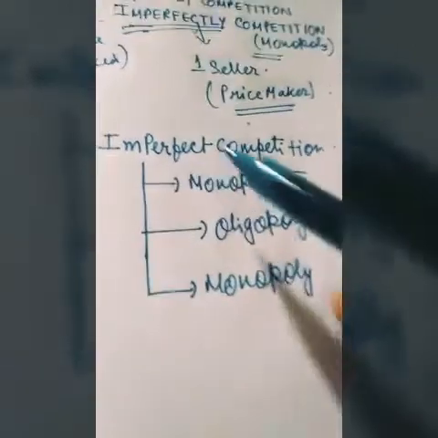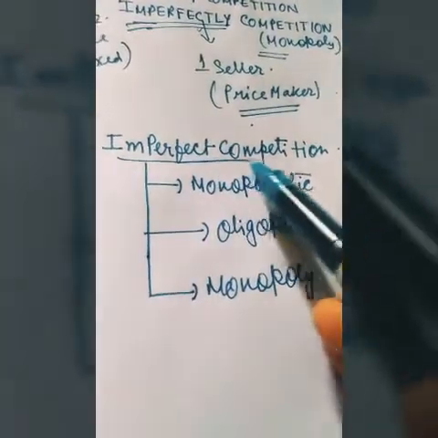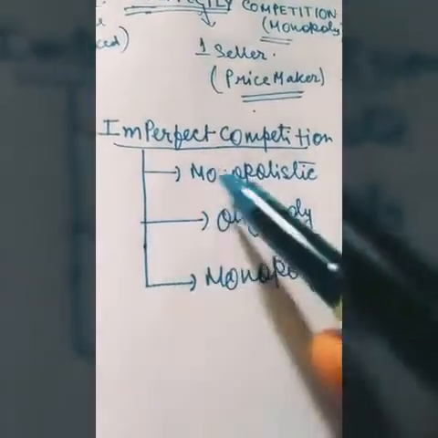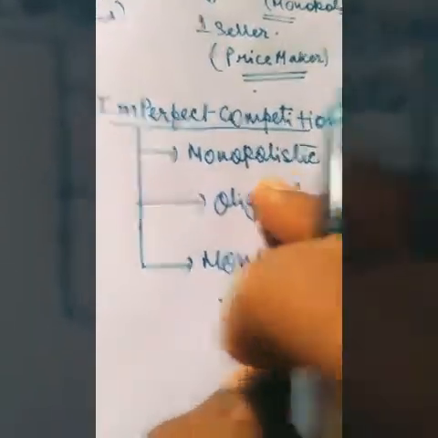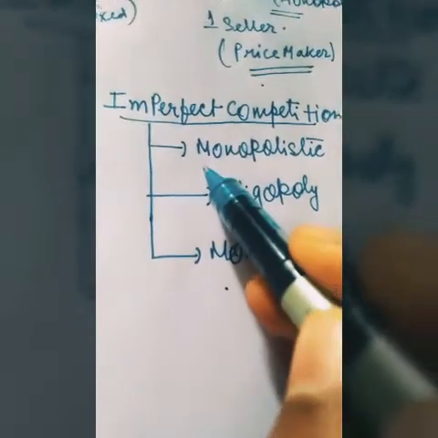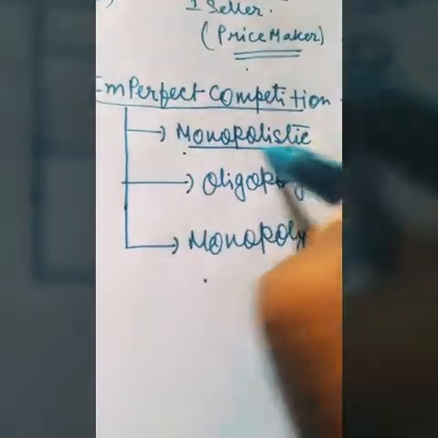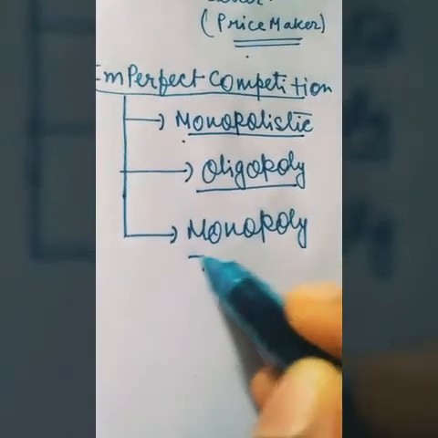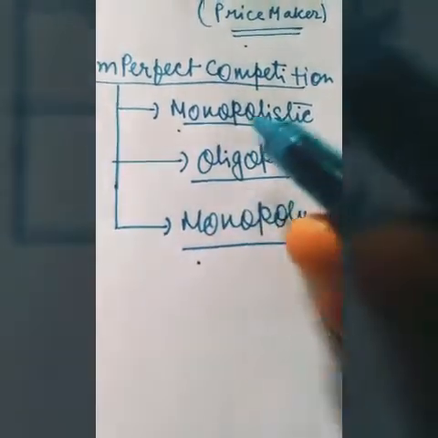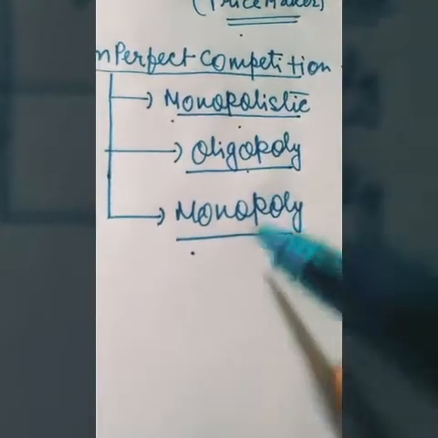Let's see. Imperfect competition, when we say imperfect competition, it is of three types. What are they? What are we going to study? Basically, imperfect competition may be monopolistic, may be oligopoly, and extremely, as you know, it is monopoly. So monopolistic, oligopoly and monopoly.